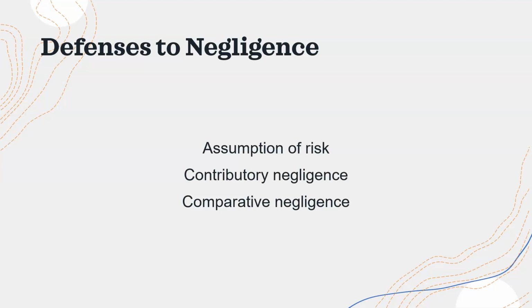Not so. The defendant may raise legal defenses. There's always going to be possible legal defenses to claims. And in the area of tort law, negligence, these are the three primary defenses: assumption of risk, contributory negligence, and comparative negligence.